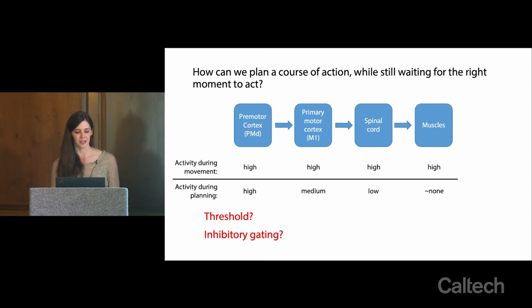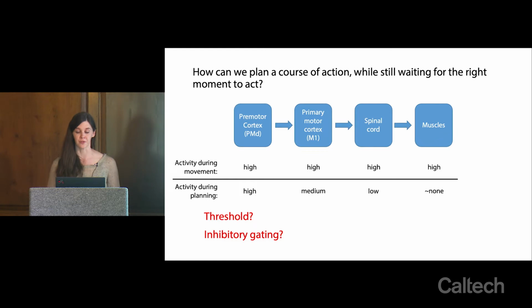So you have a lot of activity in your planning region, but that activity isn't being translated to firing of motor pools in the spinal cord, and it isn't being translated to muscle contractions. So somehow you can have relatively the same amount of activity during planning and execution of movements, but in one circumstance, that high motor activity is driving muscle contraction, and in another circumstance, you have just as much activity in cortex, but it's not causing any contraction of the muscles.